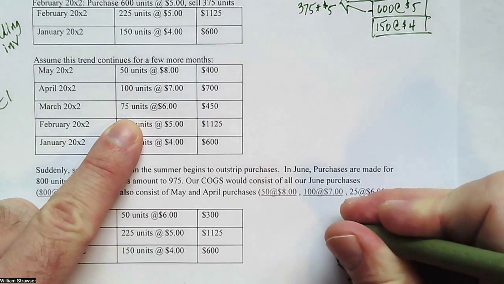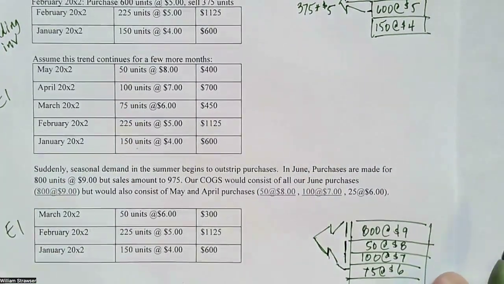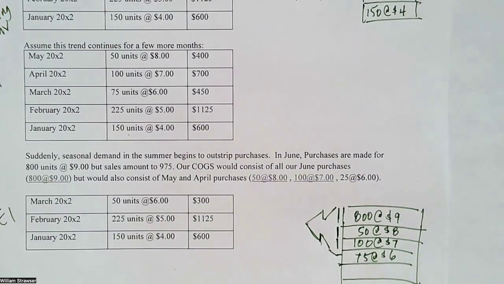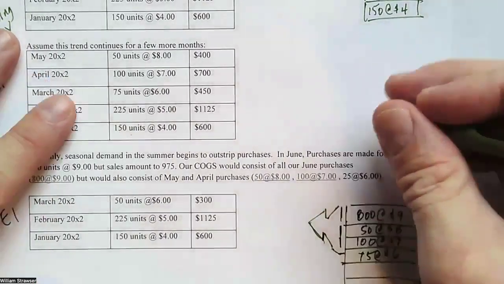Now, what is problematic about this is that LIFO is based on the idea that if my most current inventory costs are the highest, this is what produces higher cost of goods sold.